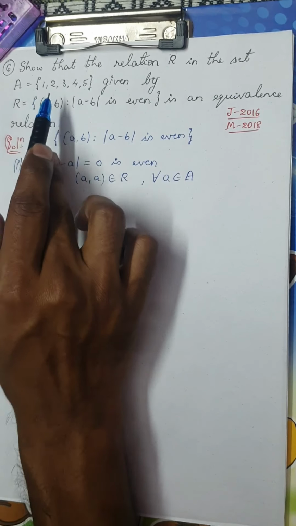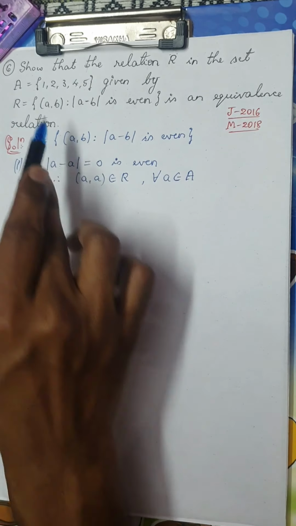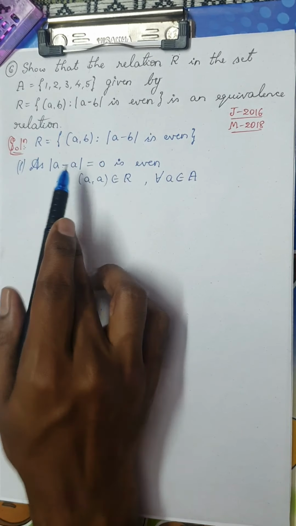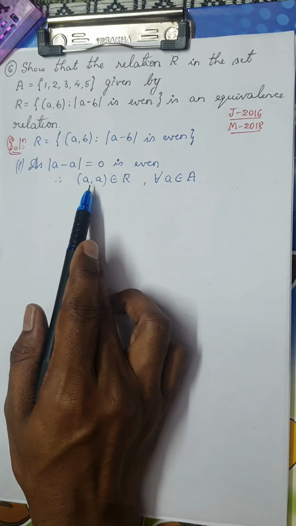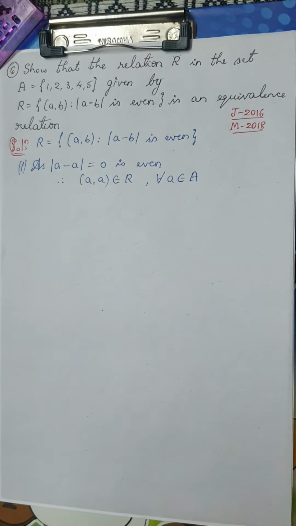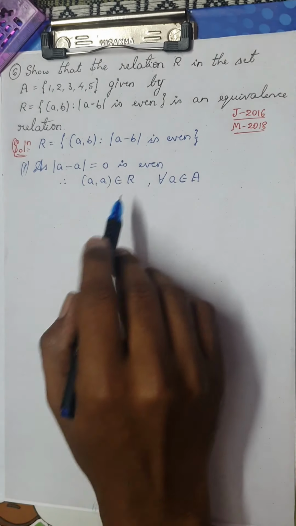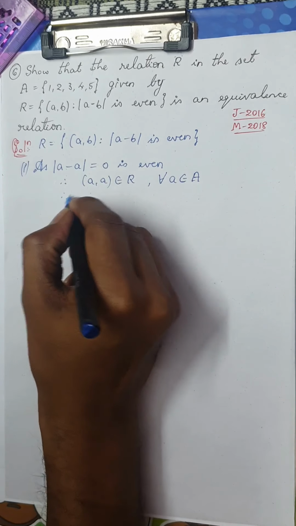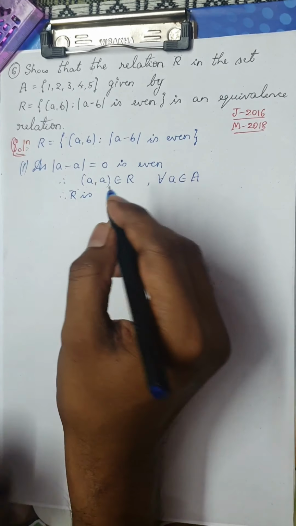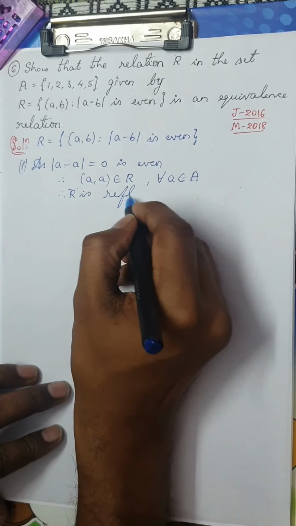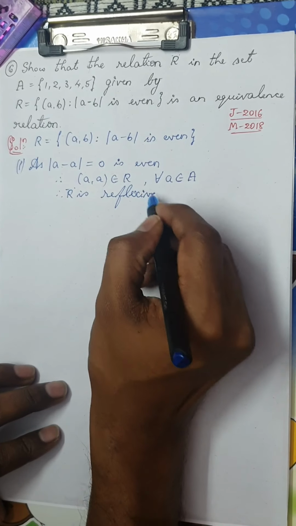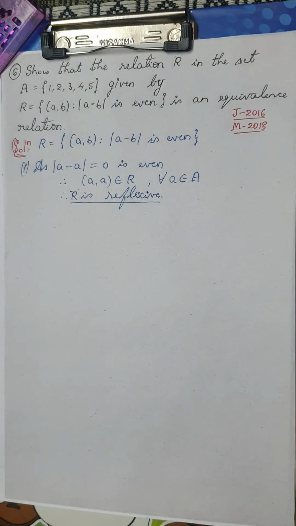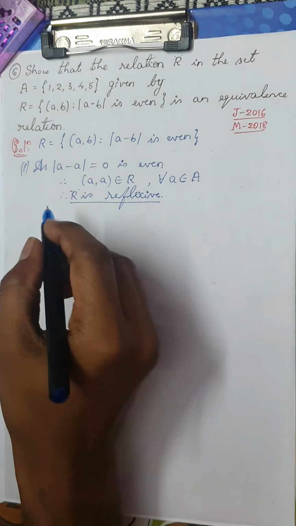If you take a particular element, you would have to show it for every element, that is why we are considering the general case. For any element, (A, A) belongs to R. Therefore, R is what? Reflexive. You can see here, it is really very simple. So the first rule is already ready.